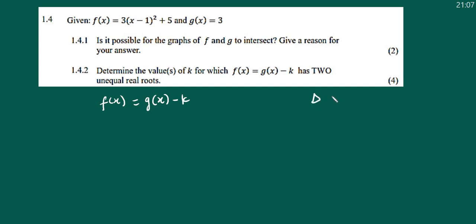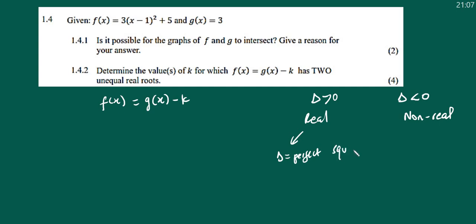If the discriminant is greater than 0, you're going to have real roots. If it is less than 0, you're going to have non-real roots. Okay, this is the nature of roots. But if the discriminant is a perfect square, then you're going to have rational roots.